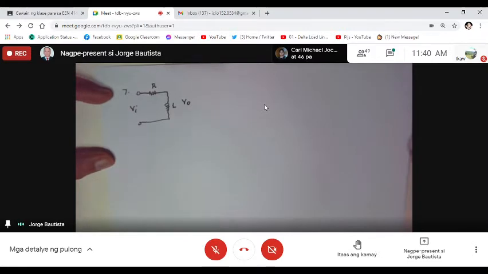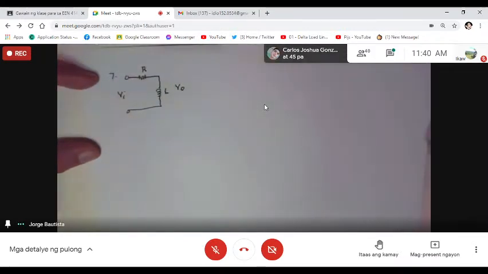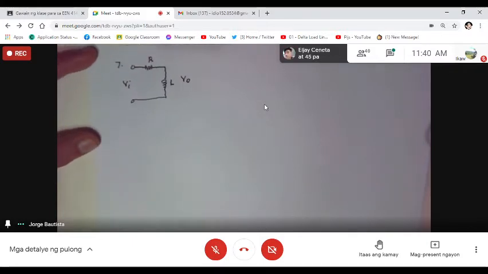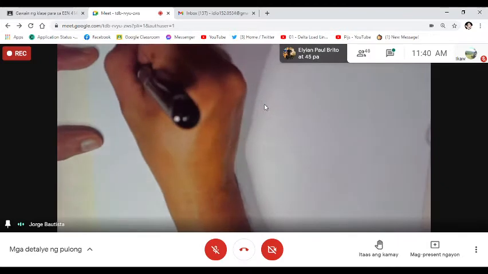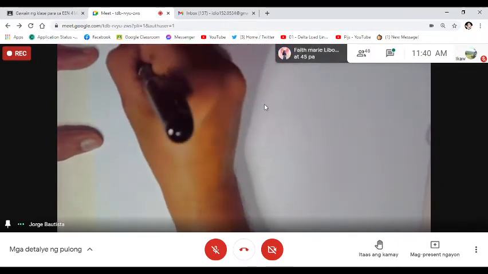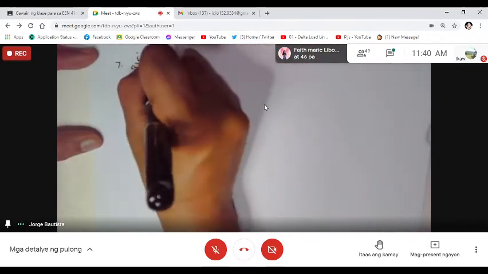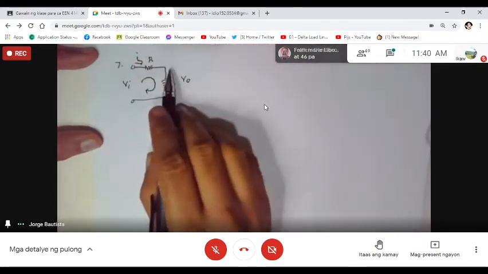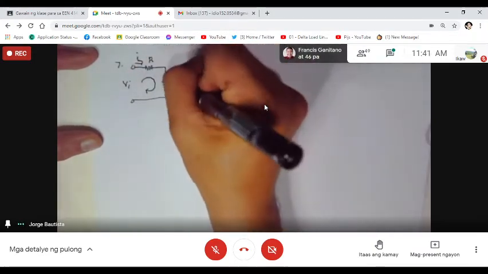Okay, so we take a loop, no? May loop tayo. So you have current I. May current I yan, I. So loop. So yung output natin nandito, positive, negative.